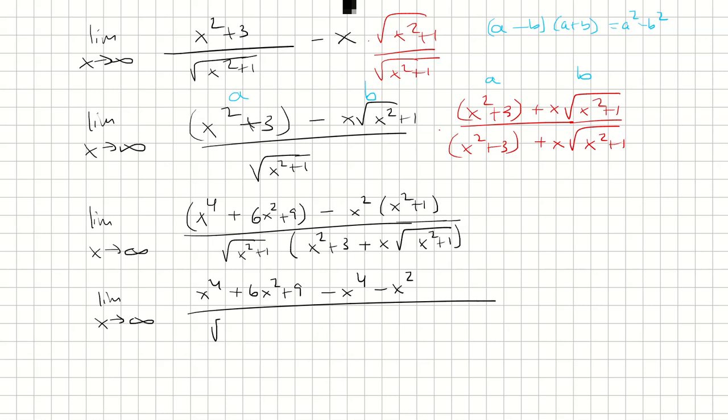And in the bottom, I want to bring in this x inside the square root. And the way you bring it inside the square root is by multiplying by x squared. So the x comes inside as x squared.